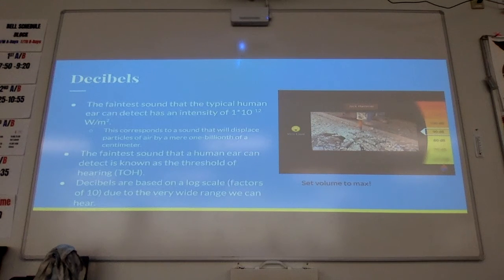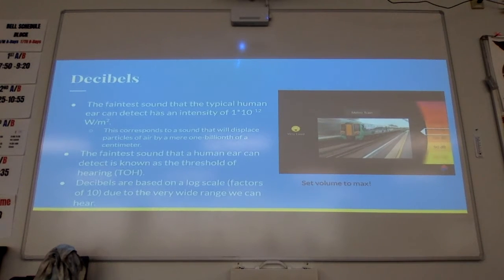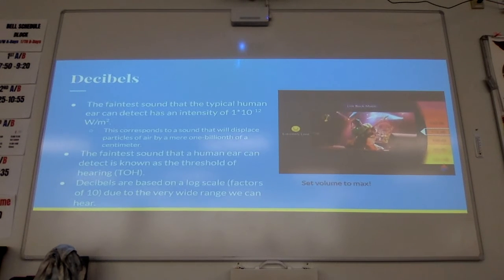Jackhammer, it's 90, so 10 times louder than a motorcycle. Each of these is 10 times louder than the previous.